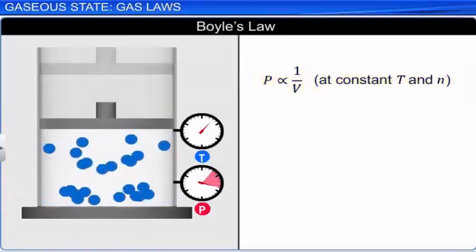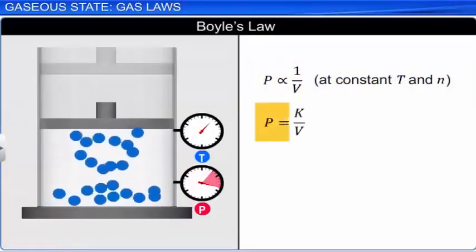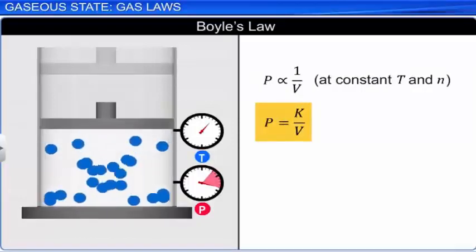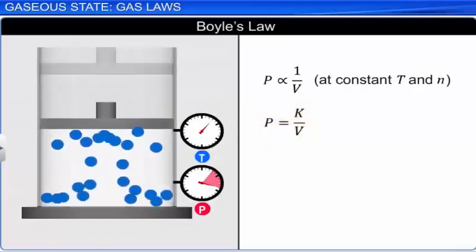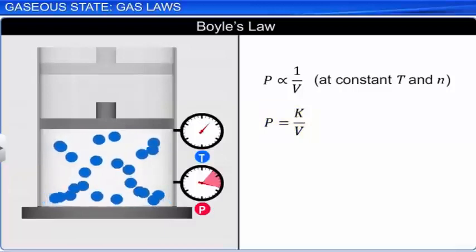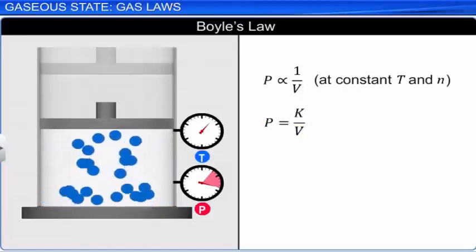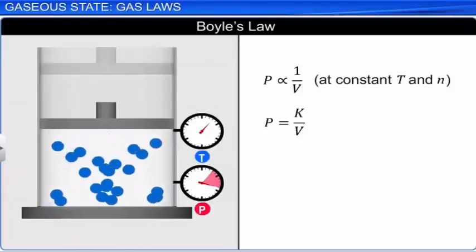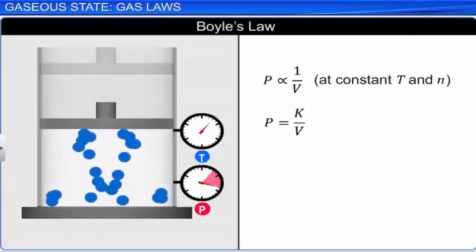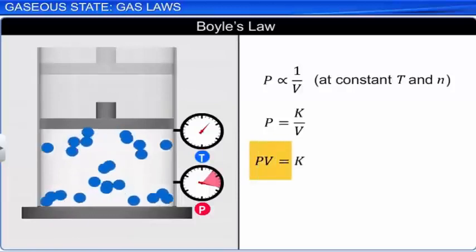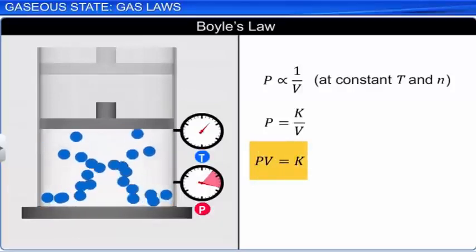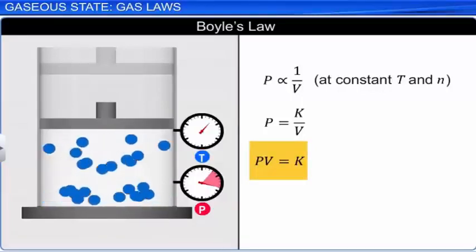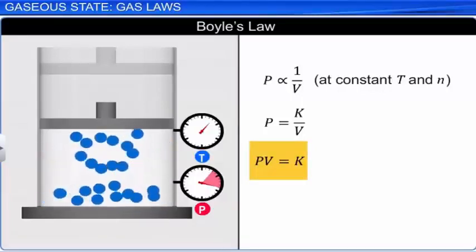Or P = k/V, where k is a proportionality constant, whose value depends on the temperature and number of moles of the gas. On rearranging the equation, we get PV = k. Or, in other words, at constant temperature, the product of pressure and volume of a fixed amount of gas is constant.